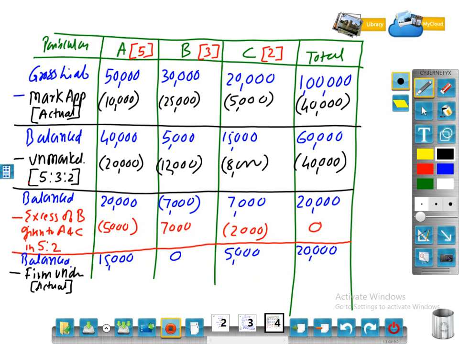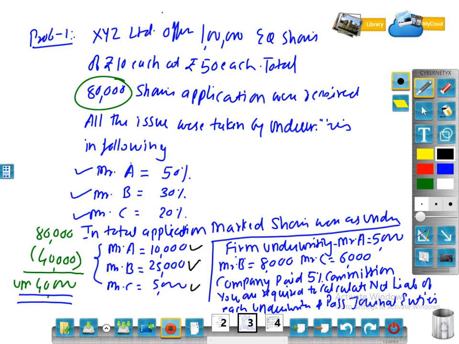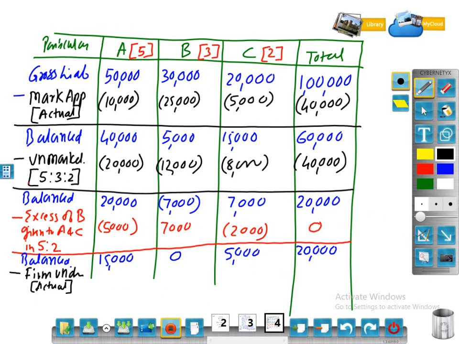So here 5,000, here 8,000 and here 6,000. So total 19,000. Again, out of that 20,000, 19,000 is sure.